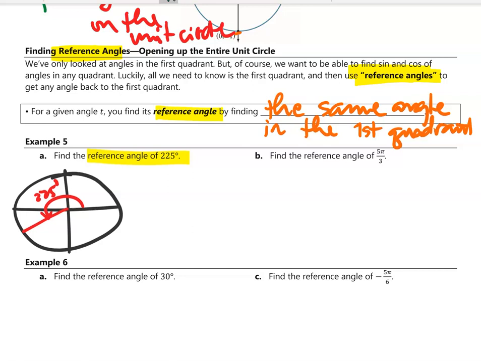So the fastest way to the x-axis from here to here is this, which is 180. So you could use 225 minus 180, which is equal to 45 degrees. So if this is 45 degrees, then the fastest way to the x-axis, the reference angle, is 45 degrees.